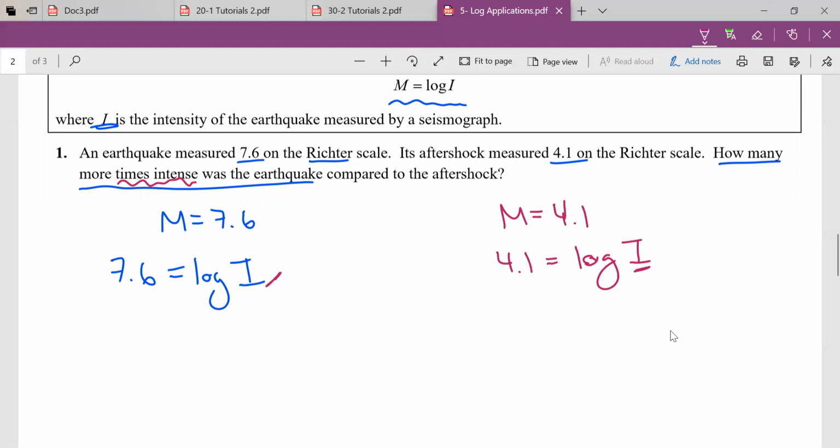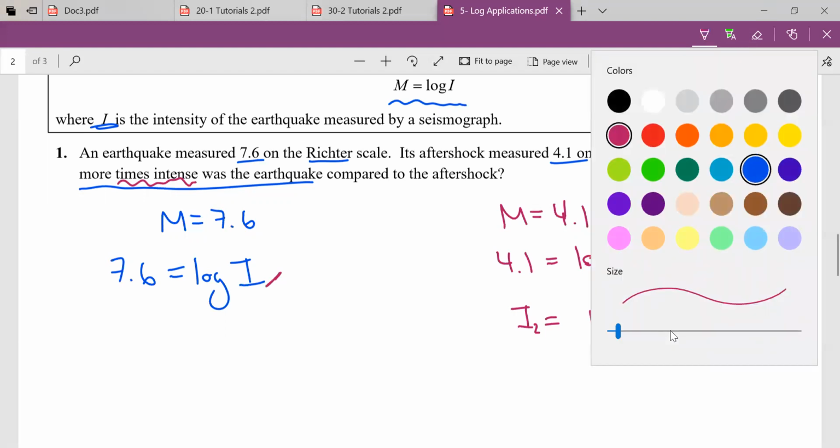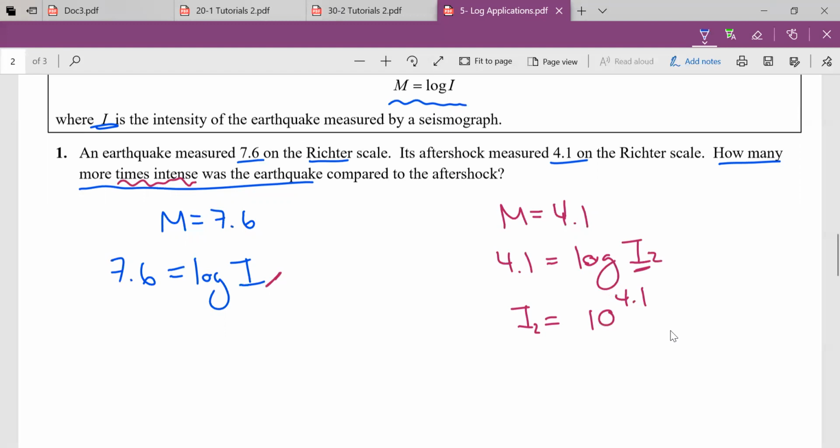So it's base 10, I is equal to 10 to the 4.1. I'm going to call that intensity 2 because it's our second intensity. Then I come back to the other one and do the same thing. I'm going to call this I sub 1, our first intensity, is 10 to the exponent 7.6.